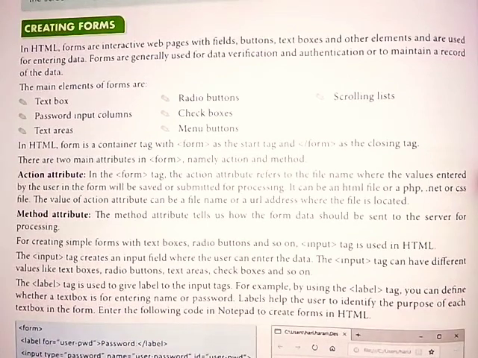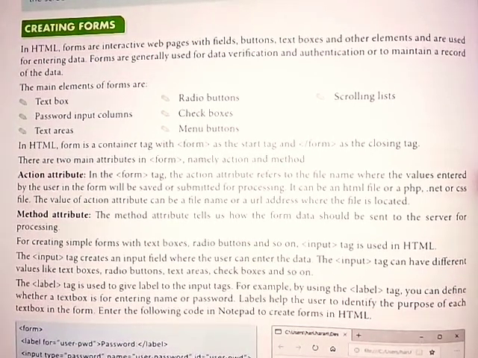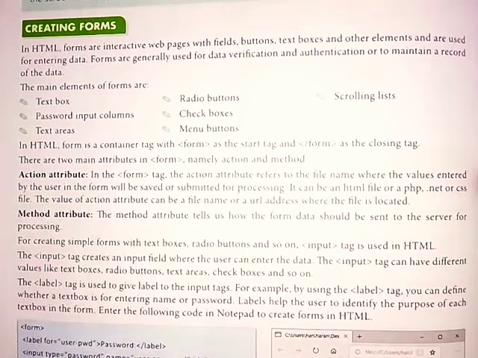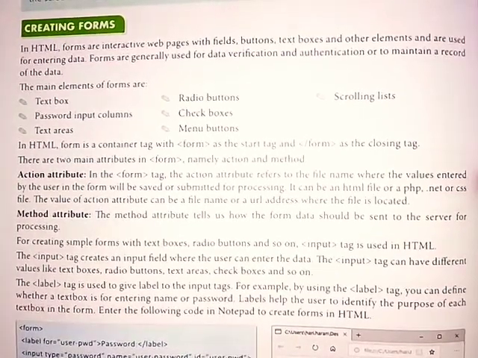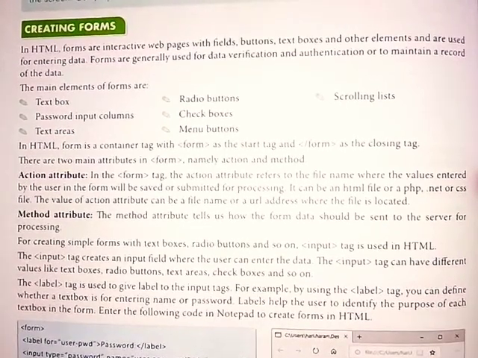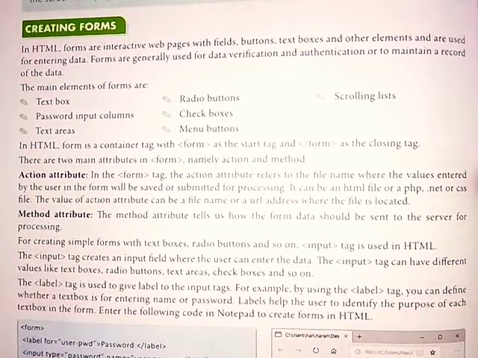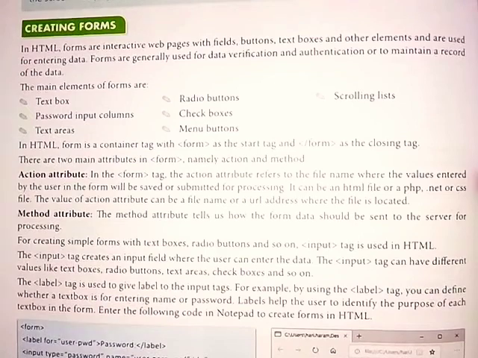The input tag can have different values like text boxes, radio buttons, text areas, check boxes, and so on, whether a text box is for entering name or password. Labels help the user to identify the purpose of each text box in the form. Enter the following code in Notepad to create forms in HTML.